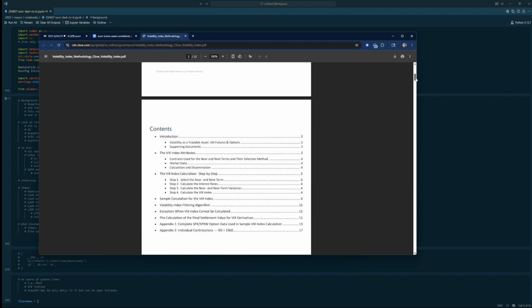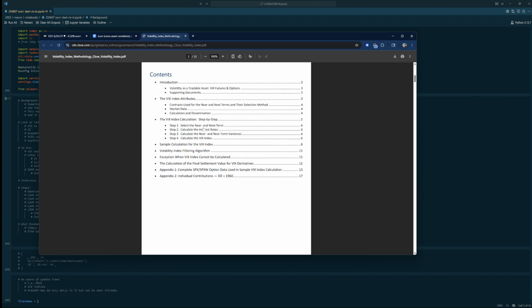So there are these white papers on VIX. It literally tells you the step-by-step instructions. If I had to explain it in my own words, I would just say you take the entire options chain for the S&P 500 index, you weight it so it's as close to 30 days as possible. So if you're in between, you use half weight on the first expiration, half weight on the second expiration.